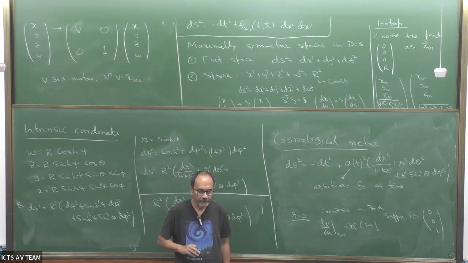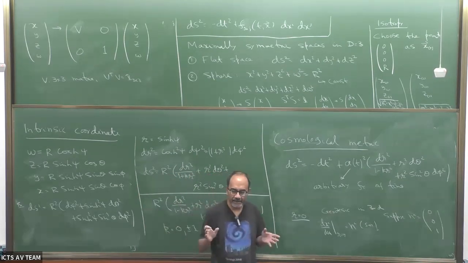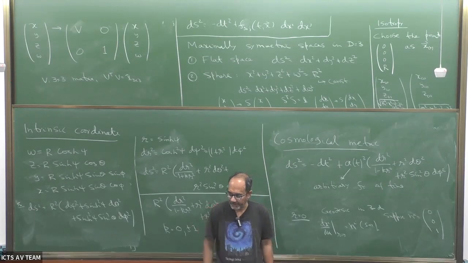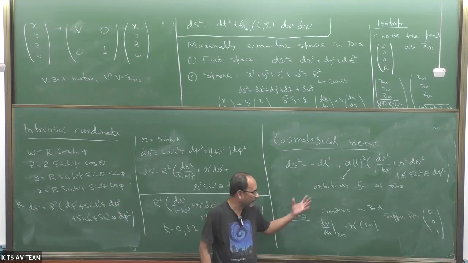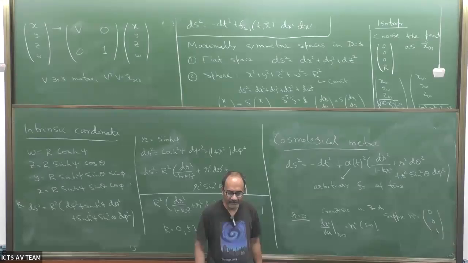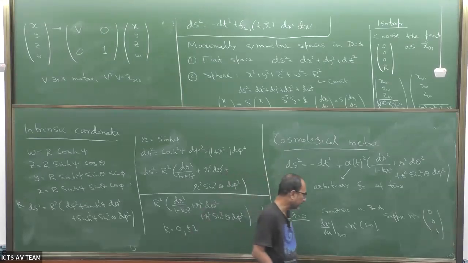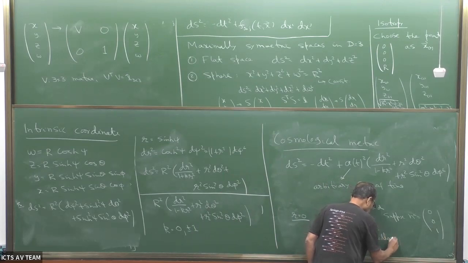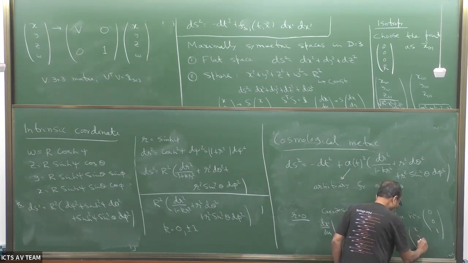Okay? Now let's look at the embedding space. Let's look at the other two cases, k equal to plus minus 1. It's easier to visualize in the embedding space, because in this curved space it's hard to visualize. So in embedding space we have X, Y, Z, W, right?